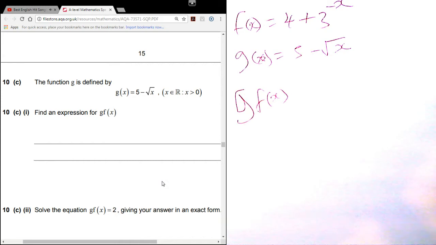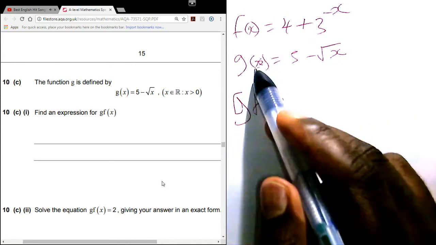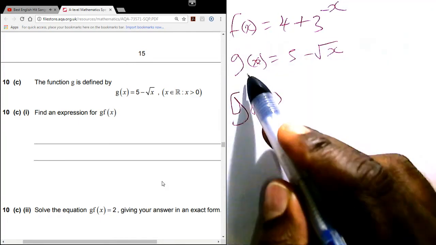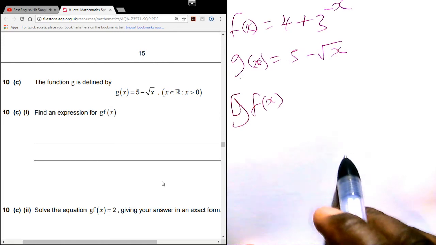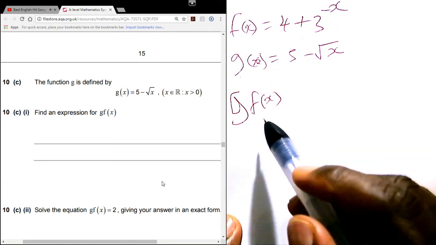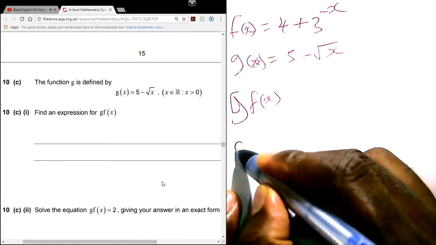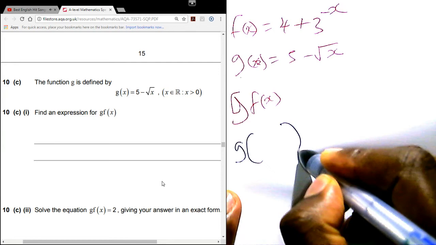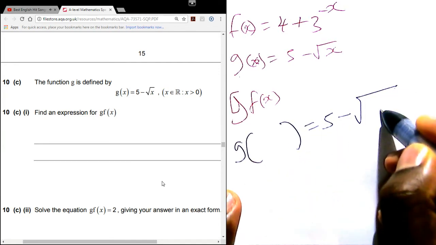Now, this is a function. G is a function, f is also a function. But g can swallow f, and when g swallows f, we call it gf. If f swallows g, we call it fg. It's not a multiplication, it's a swallow. Can you say after me, swallow? Now, g is going to swallow f to give you 5 minus square root of whatever it has swallowed.